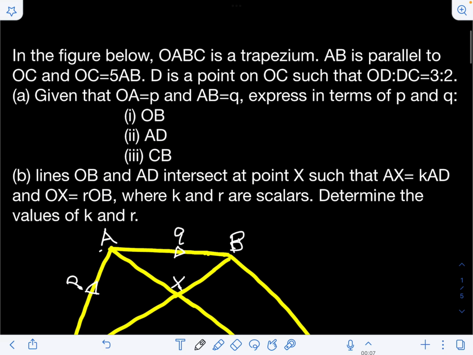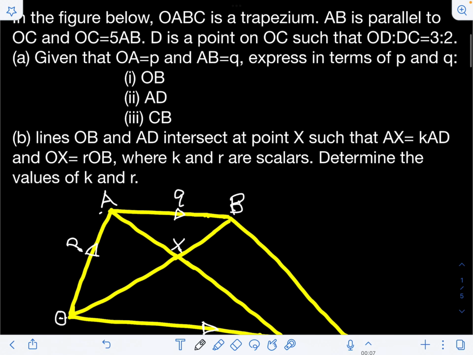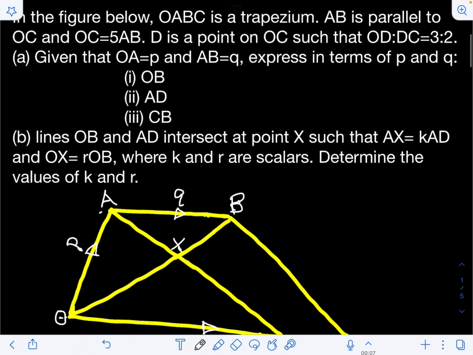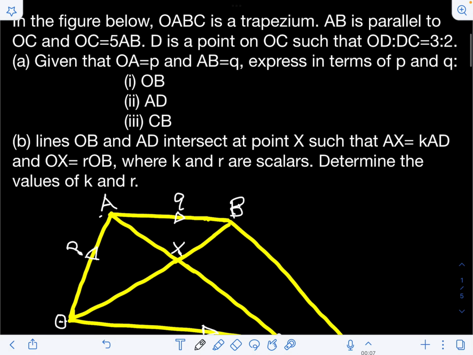OC is 5 times AB. D is a point on OC, as we can see here, such that OD to DC is the ratio of 3:2.